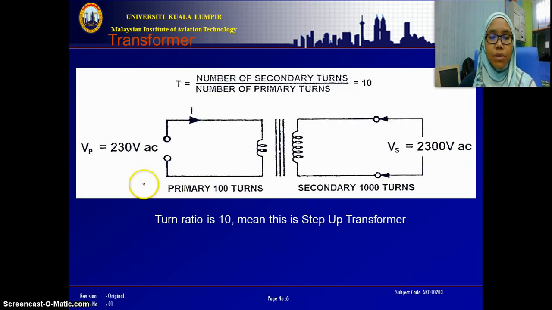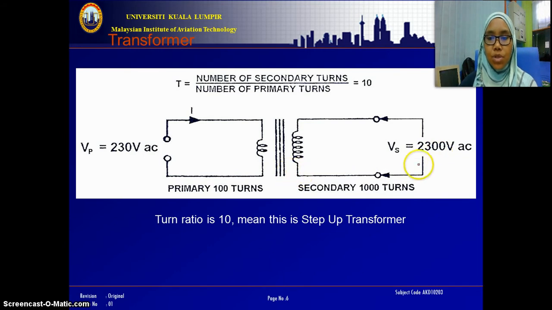So I give you one example here. This is a transformer with input voltage of 230 volts AC and 100 turns on the primary and 1000 turns on the secondary. So from here, by using the turns ratio or the transformation ratio, you have 2300 volts AC on the secondary of this transformer.